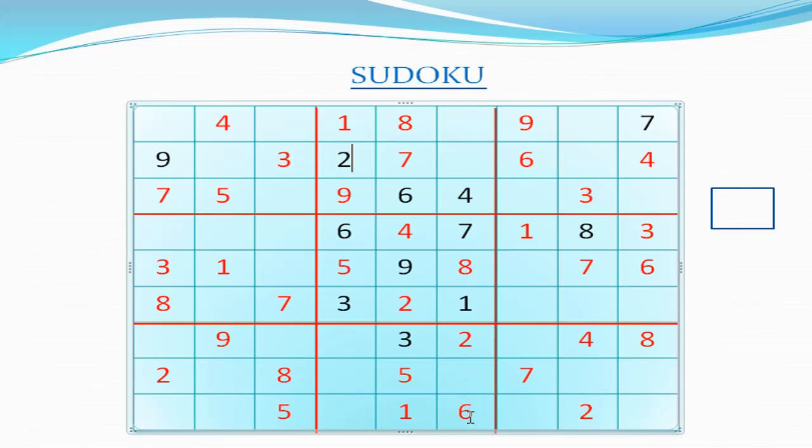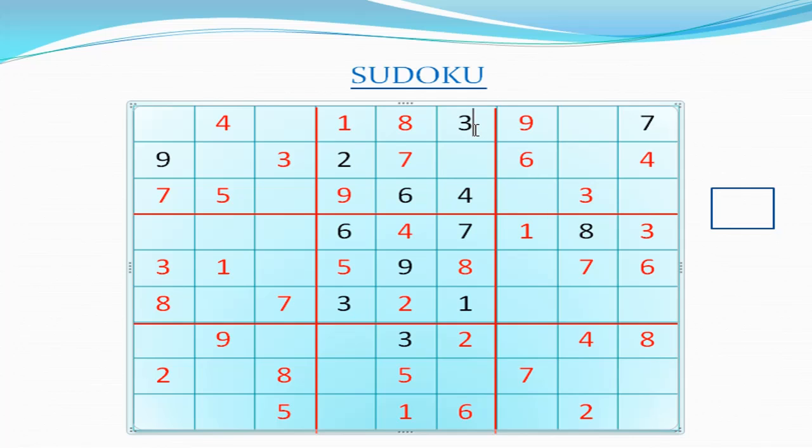I check the column. There is no 3, so I may. But I have one more tile also, so I will check if I can place it there also. 3, I cannot place here. See? Because in this row we already have a 3. Now I am left with just one tile for 3.